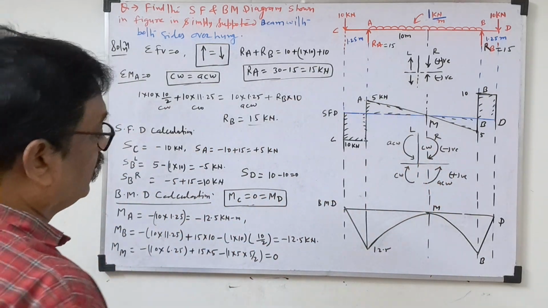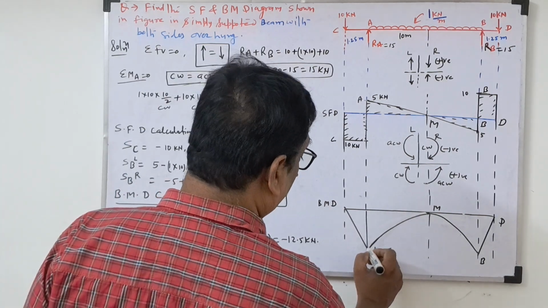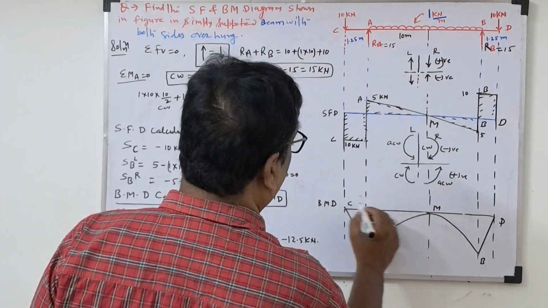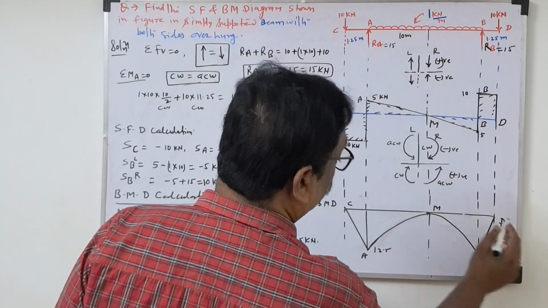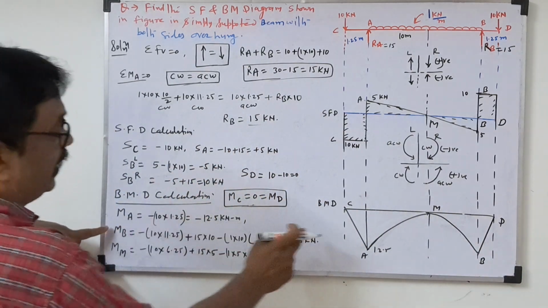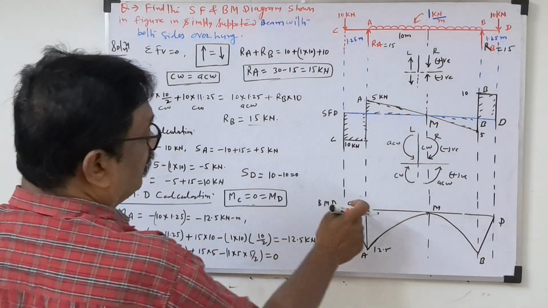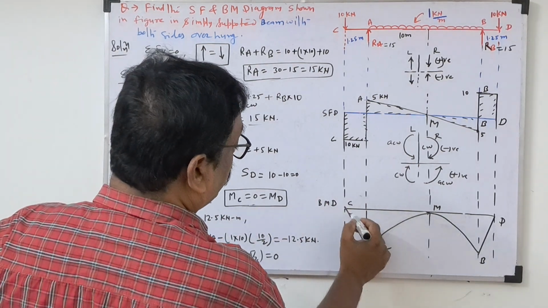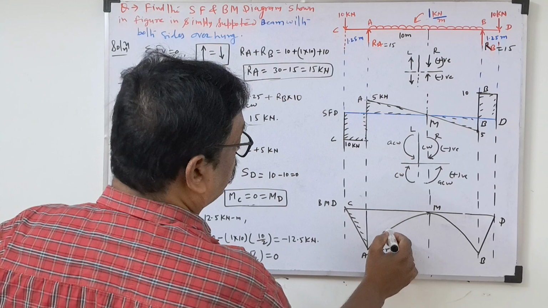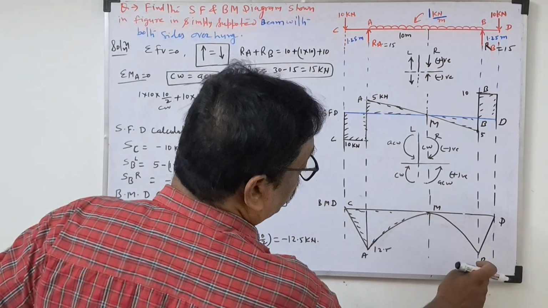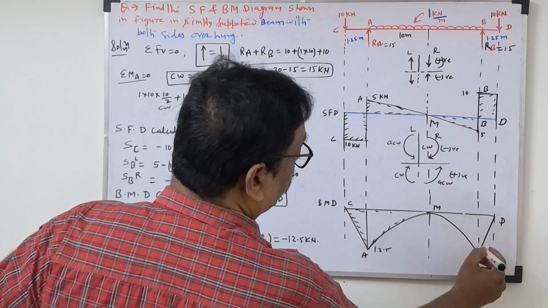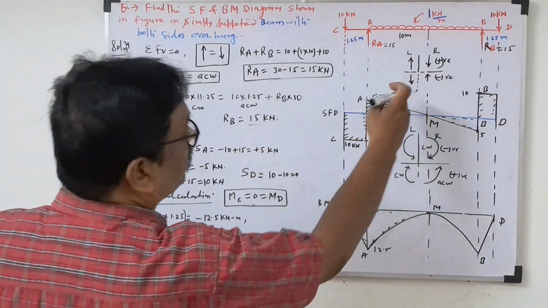So what did we see here? This point is C, this point is A, this point is M, this point is B, this point is C. Look here. Bending moment at A will be negative. So we draw the diagram on the negative side. Now bending moment at B will be negative, 12.5, because this is a symmetrical axis, no?